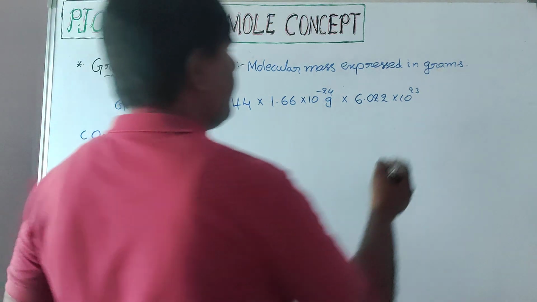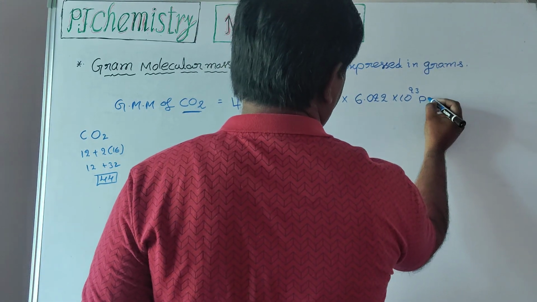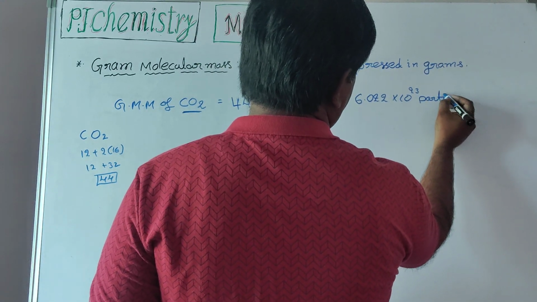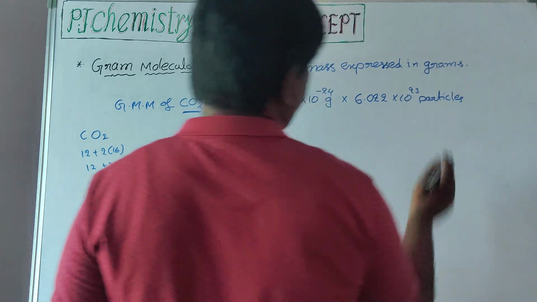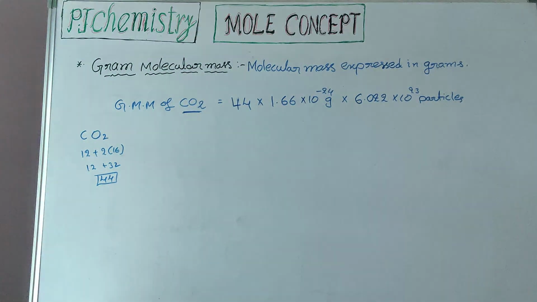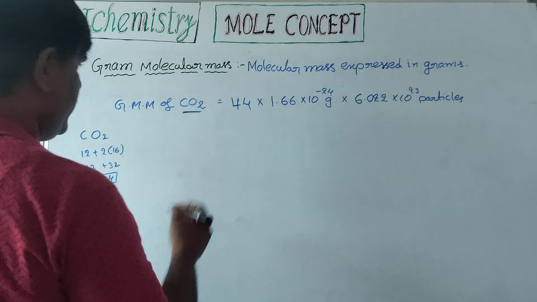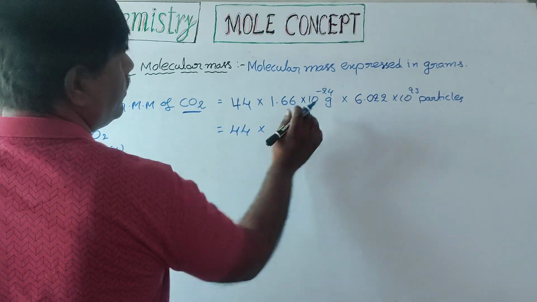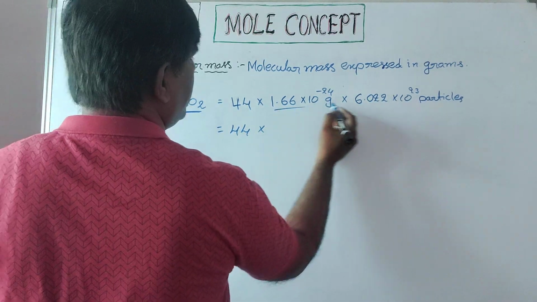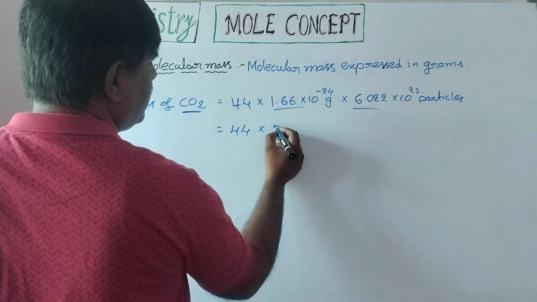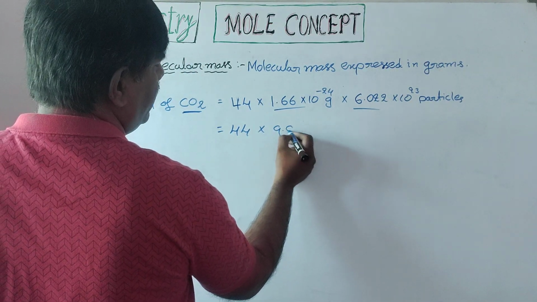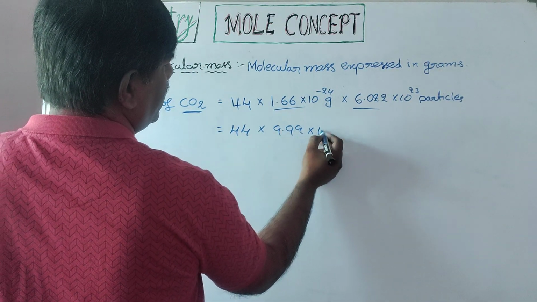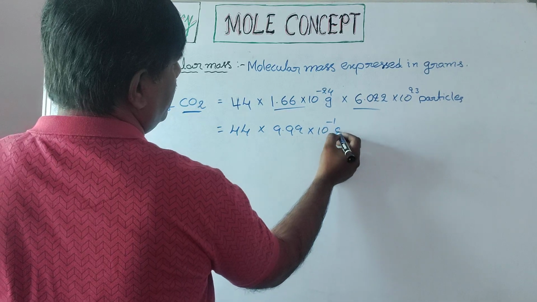So how many particles are present? 6.022 × 10^23 particles. Same as the previous calculation, 44 into this both: when we multiply 1.66 into 6.022, you get 9.99 into 10 to the power of minus 1 grams.